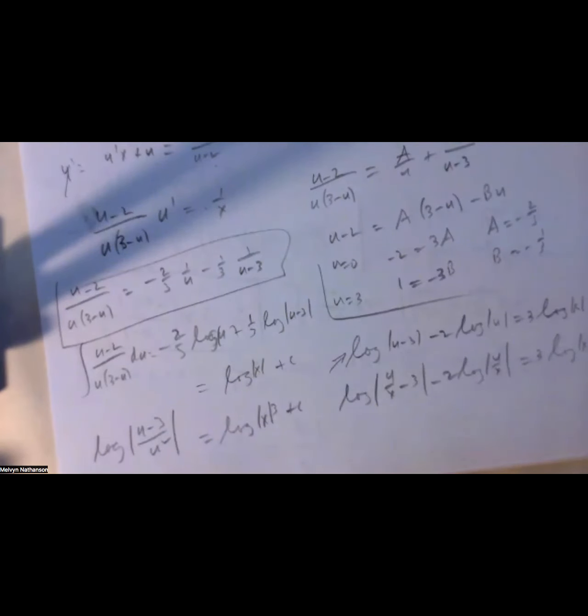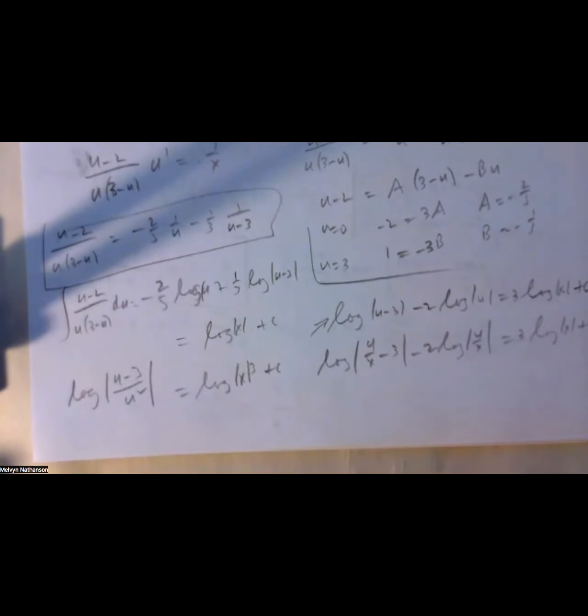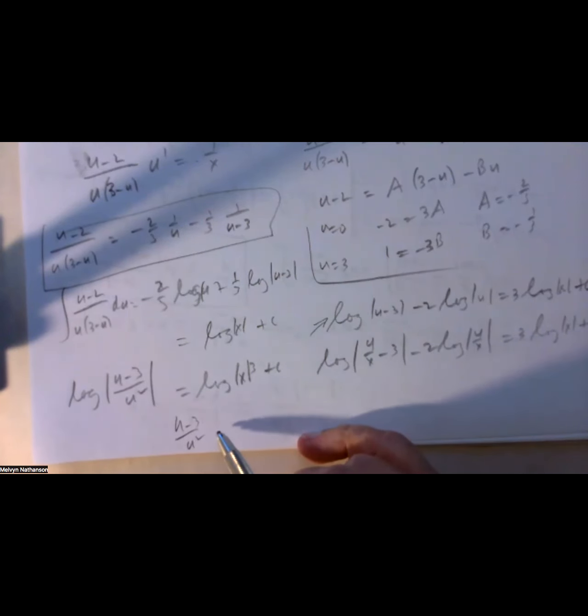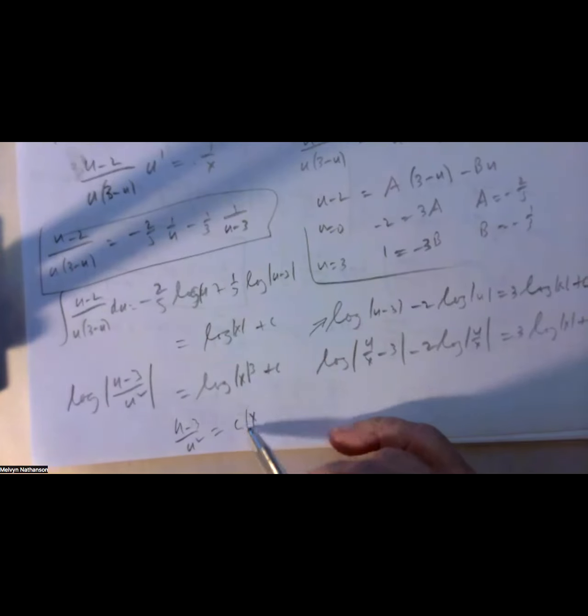So u minus 3 over u squared is some constant times x cubed, and you can plug in y over x for this and get some expression. But what would you get?